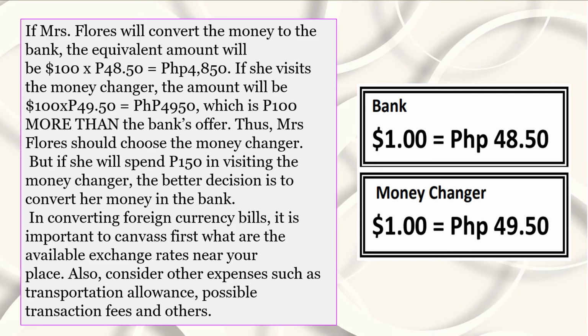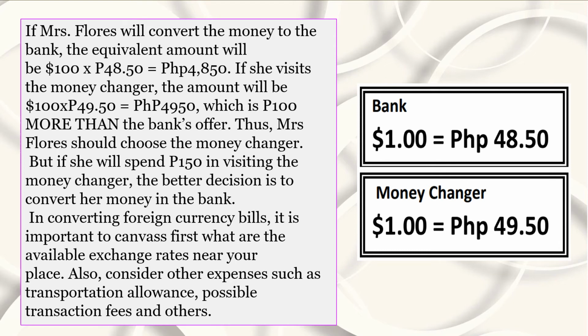Here is a simple explanation. If Mrs. Flores will convert the money at the bank, the equivalent amount will be 100 US dollars times 48 pesos and 50 centavos, which is equal to 4,850 pesos.